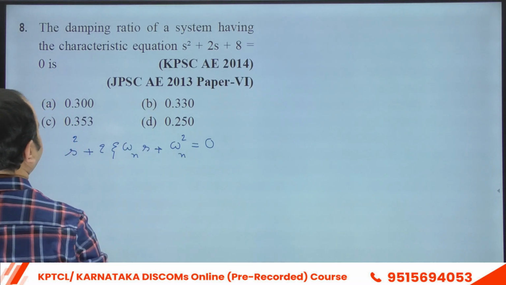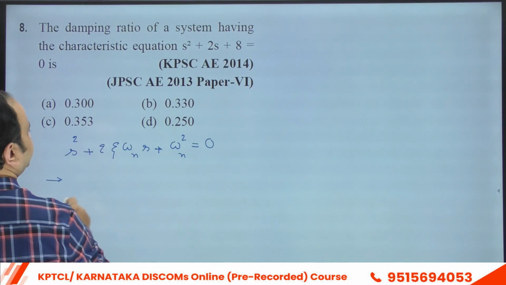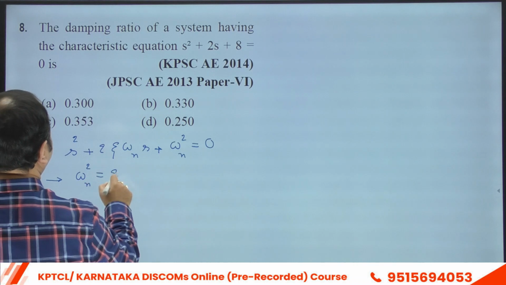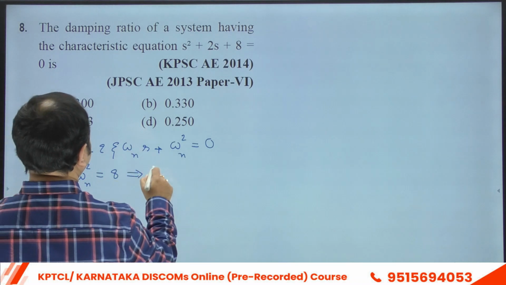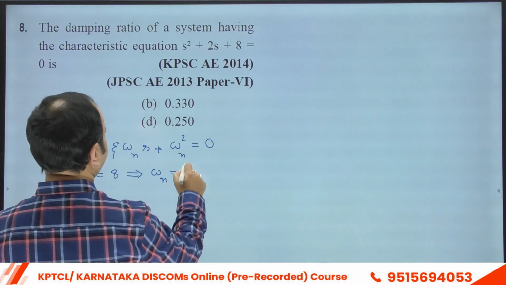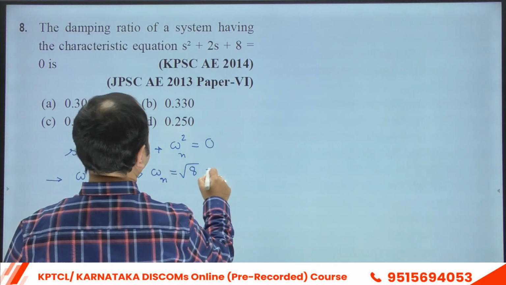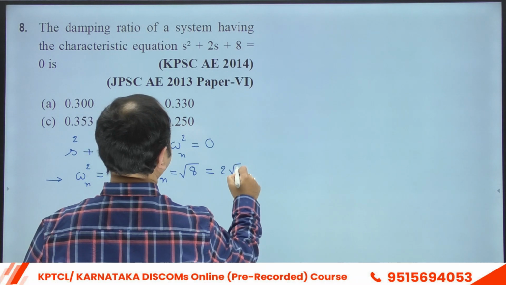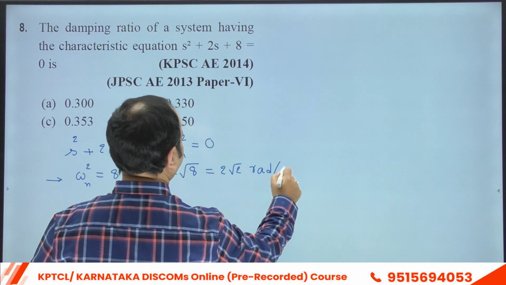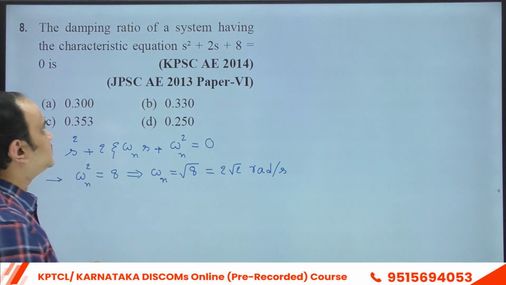By comparing, we can identify omega n square is equal to 8, so omega n is equal to root 8, in other words 2 root 2 radian per second.